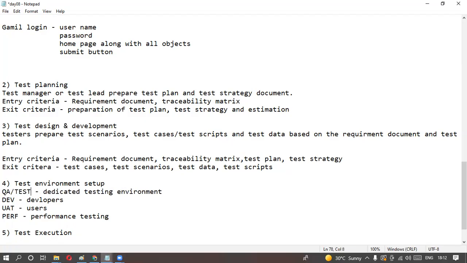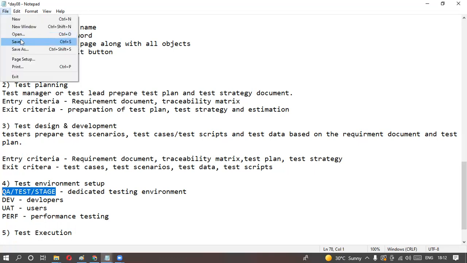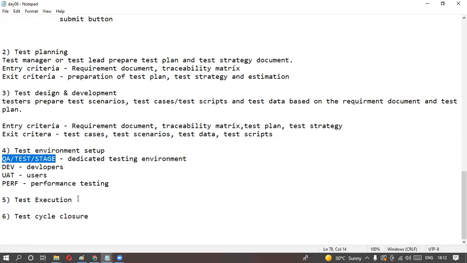Sometimes we call it as a test environment, sometimes we call it as a stage environment. These all are the different types of testing environments. We will be testing our application in these environments only. So we will be validating whether the environment is up and working or not. Next one, what is test execution?